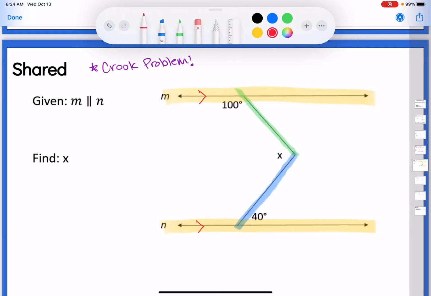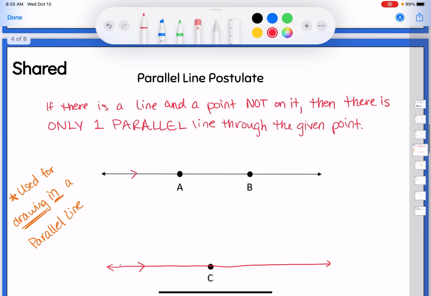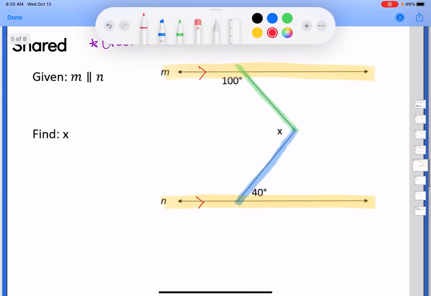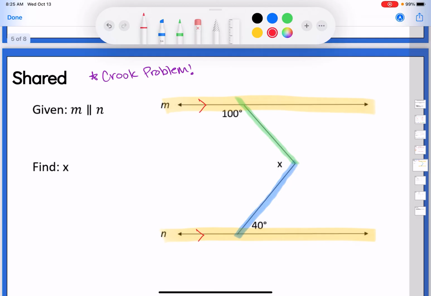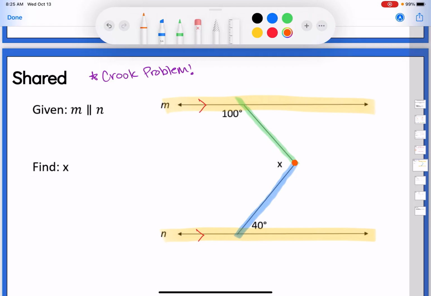So you're probably thinking, what the heck? How on earth am I going to do this? And it all comes back to that theorem, that postulate that we just talked about. If there's a line and a point not on it, then there's only one parallel line through that given point. Do you see the point that I'm probably going to draw a line through? It's going to be going through this point right here. So we draw in this line that would be parallel to M and N, going through that point.